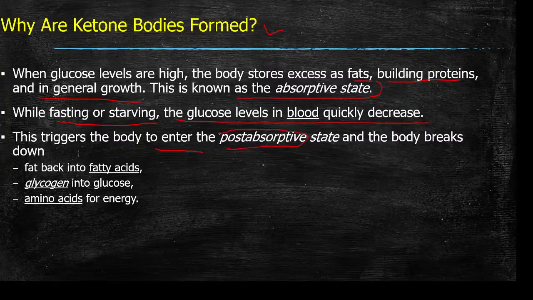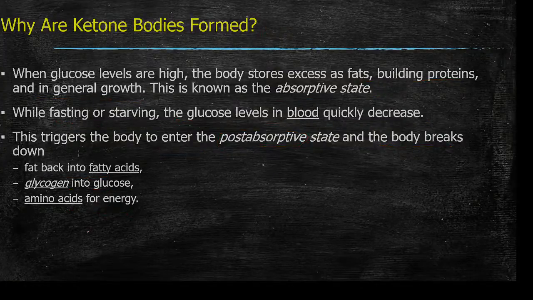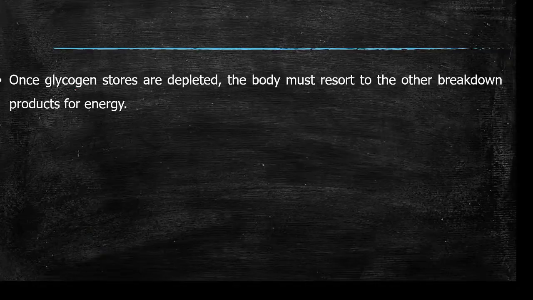In this condition, the body breaks down fat into fatty acids, glycogen into glucose, and it also breaks down amino acids for energy. Okay, so glycogen does not stay in our body for a very long period of time if we are not eating food, maximum for 4 to 6 hours.